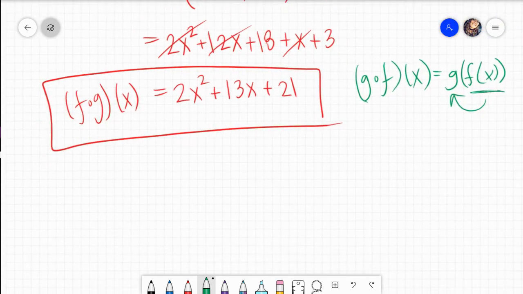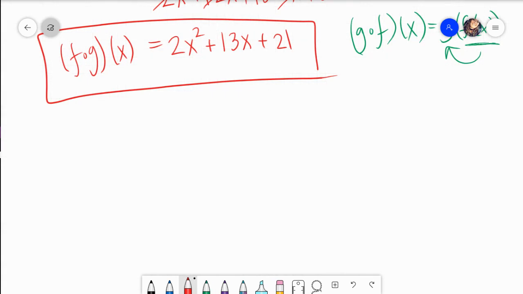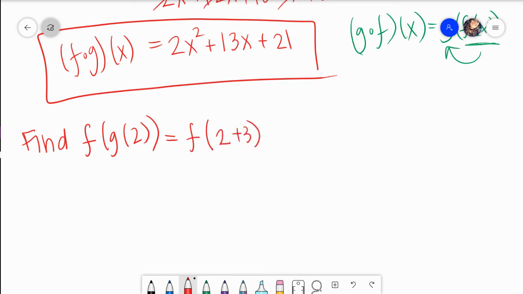Okay, so let's say it actually asked me to find my f of g of 2. Well, I know that my g of x was x plus 3. So this would actually be f of, instead of x now, it's 2 plus 3.